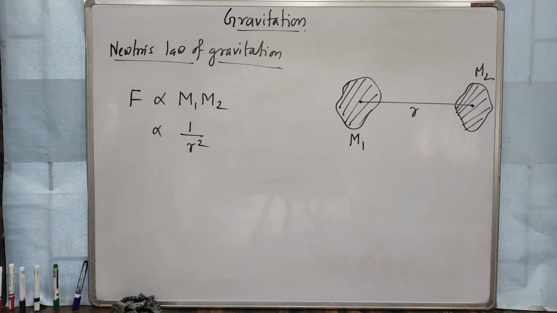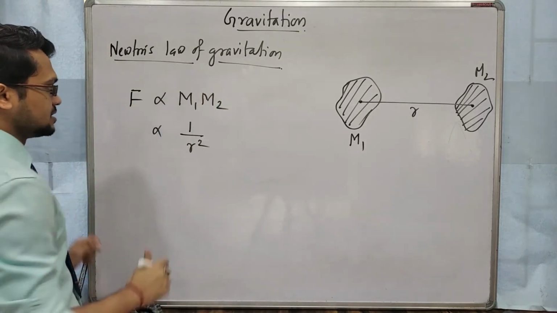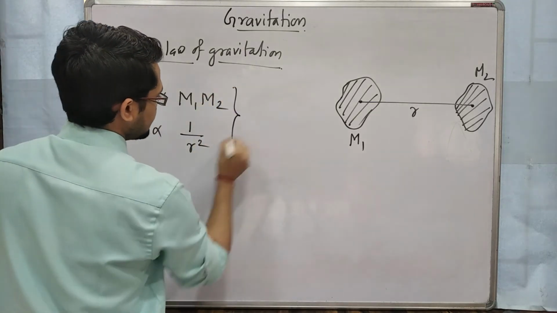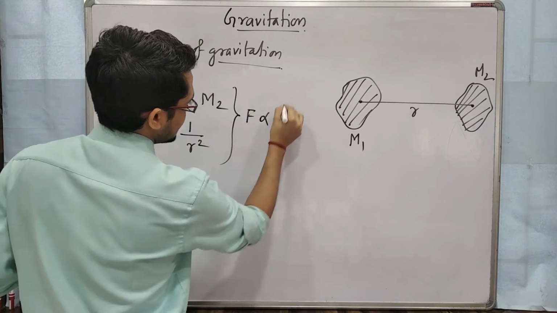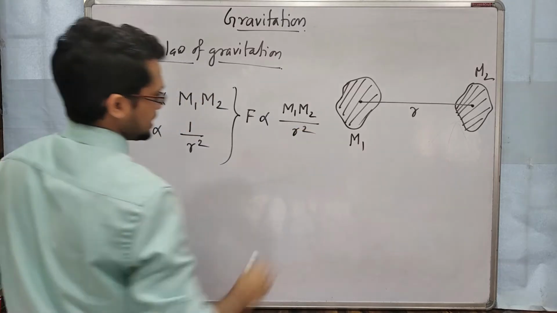These are the two things on which the gravitational force depends. If we join them, we get F is directly proportional to m1 m2 by r square.